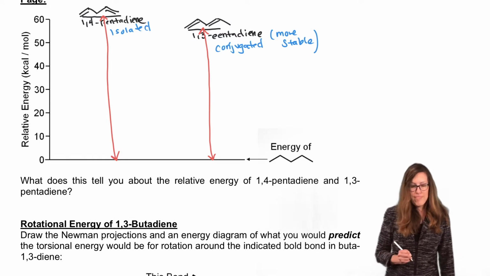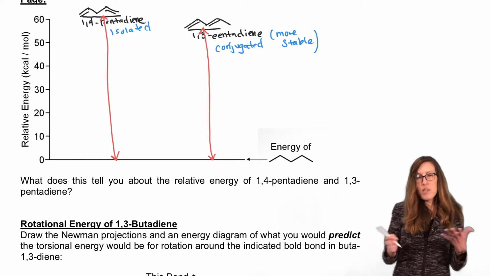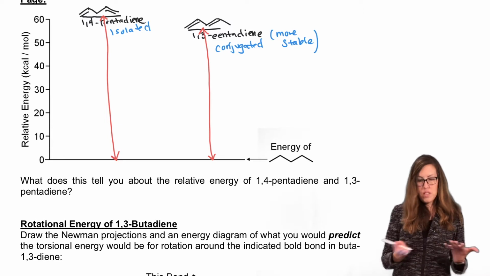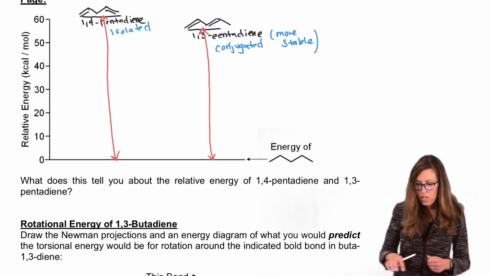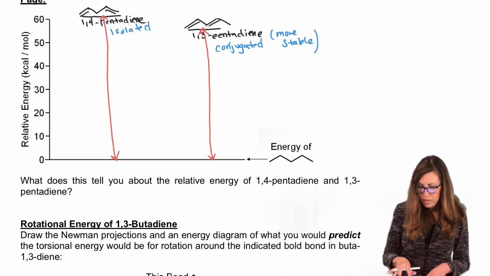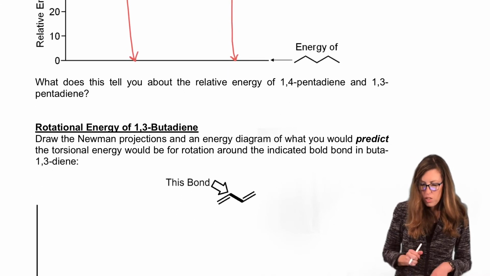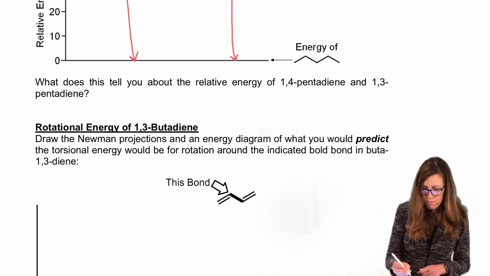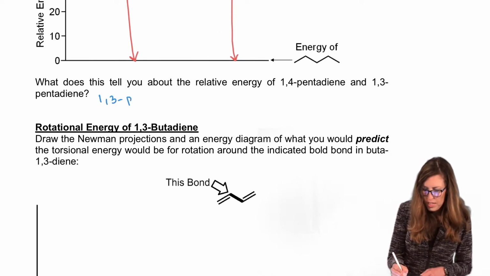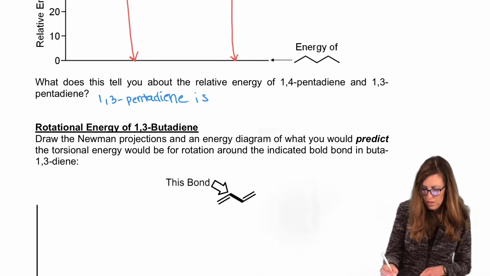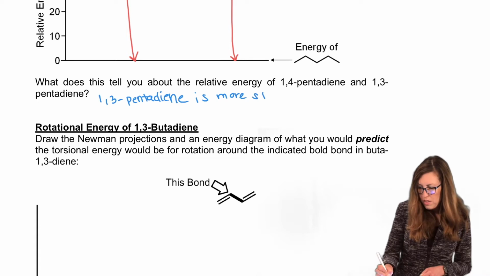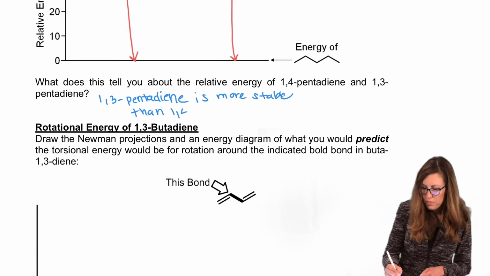Okay, so this is summarizing what we talked about on the previous page, but using a picture, in other words, to do it. So I'll write out my conclusion right here. The relative energy of those two. 1,3 pentadiene is more stable than 1,4 pentadiene.